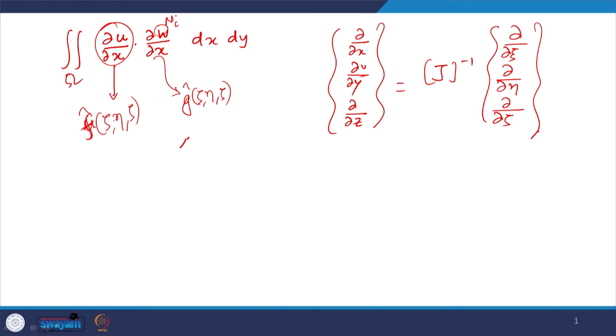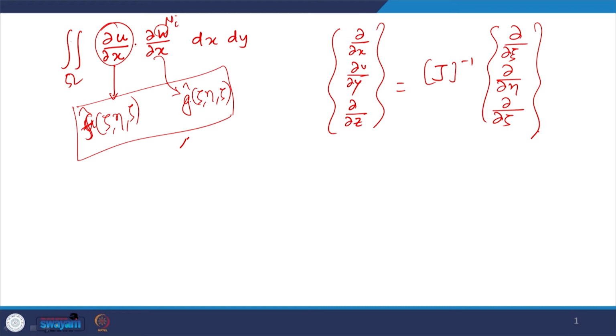So now we have a function of xi, eta and zeta which has to be integrated over the domain, which is defined in physical coordinates, that is, dx dy integration with respect to x and y over some domain boundary. So, we have transformed these integrands into xi, eta and zeta.